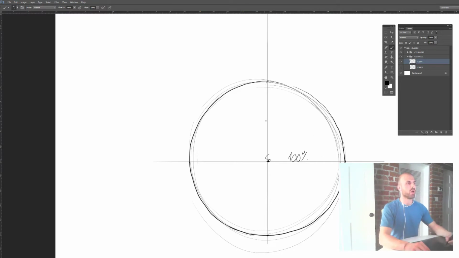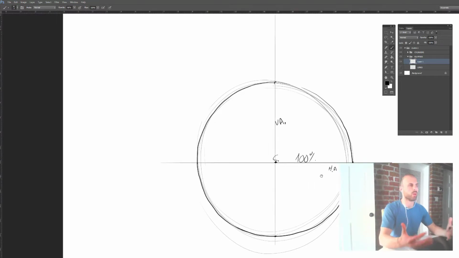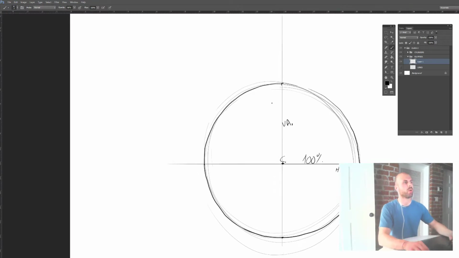The vertical one, I call it in this case vertical axis, and this one is going to be the horizontal axis. But it doesn't matter, you can call them in the way you like.